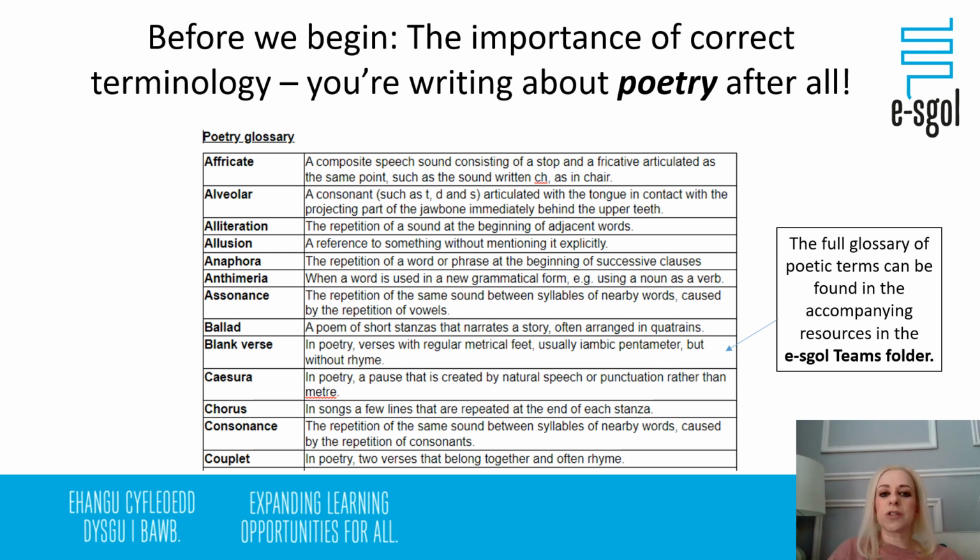Now, you may not be familiar with all of these poetic terms, and please don't worry if you aren't, because they're not all going to be relevant to your studied poet, but a lot of them will be very familiar to you and will be those keystone poetic terms such as alliteration, allusion, assonance, blank verse, caesura, and so on.